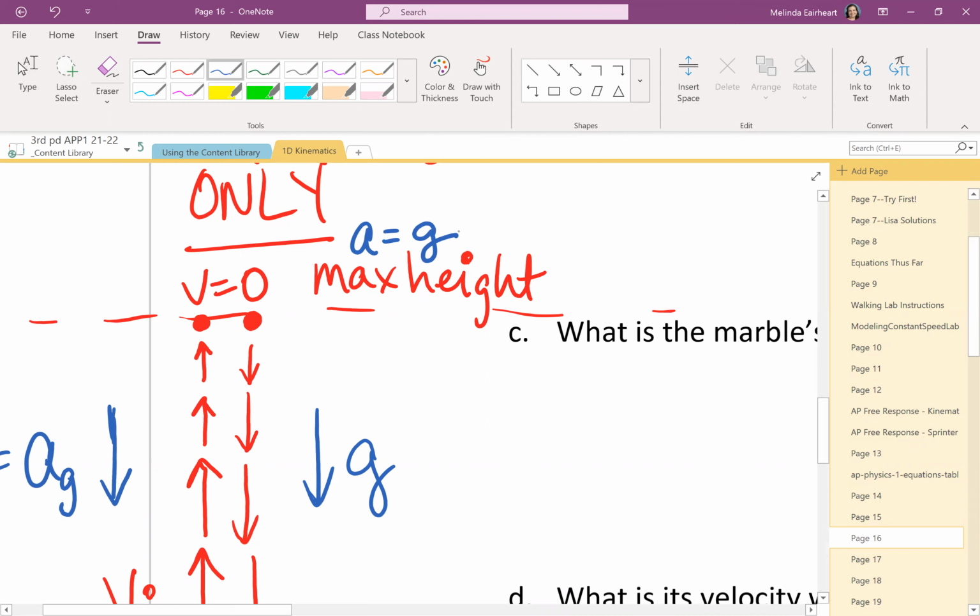Whether you use 9.8 or this problem is going to tell you to estimate to 10, no matter 9.8 or 10, gravity does not equal 0 at the top, okay? And so acceleration does not equal 0 at any point, okay? So don't miss that question on the AP exam in May.